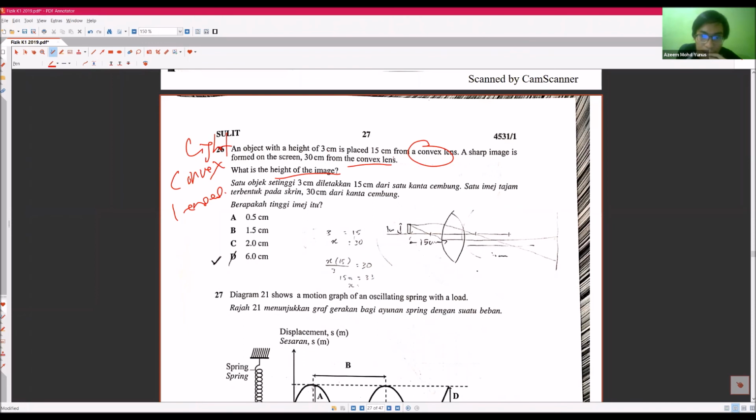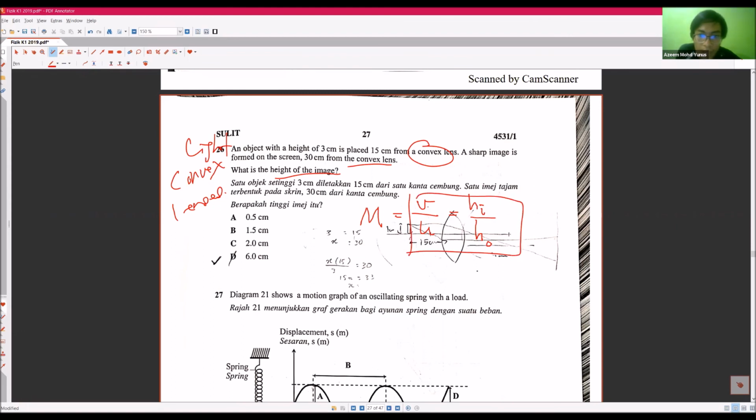This is basically the magnification formula. V is the image distance, U is the object distance, or we can replace them with height of image and height of object. So we can use these two ratios here.